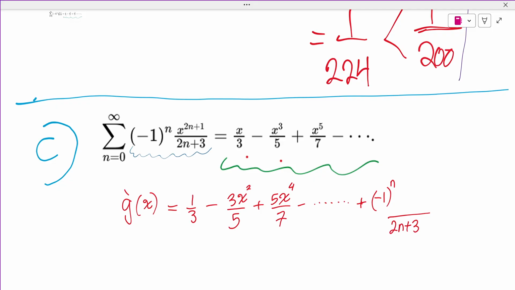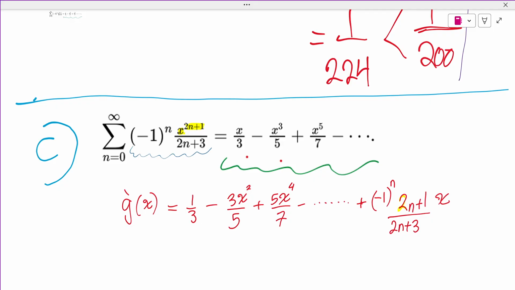Now we just need to differentiate x raised to 2n plus 1, and we consider 2n plus 1 as a number. How do we differentiate, for example, x squared? 2x, we put the power in front. What's the exponent here? 2n plus 1.